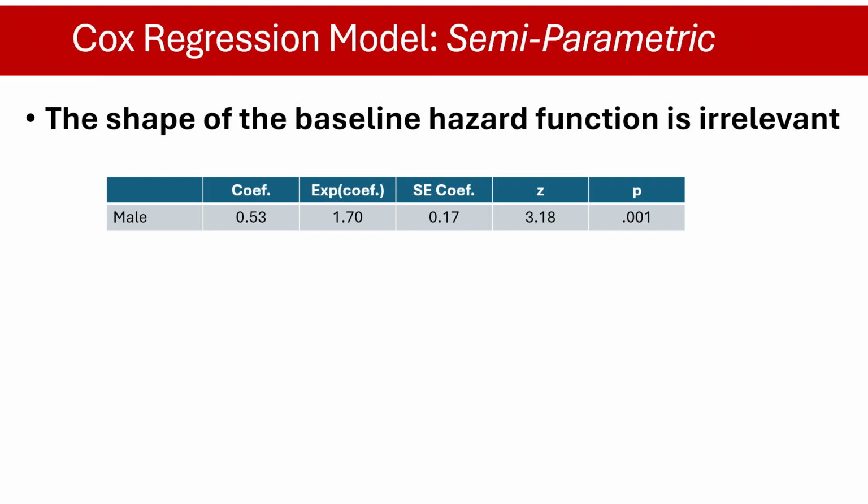So I will highlight here that the Cox regression model is semi-parametric. What it means is that the model makes fewer parametric assumptions on the phenomena of interest than fully parametric models. And in fact, a key characteristic of the Cox model, which I mentioned in the previous presentation, is that the model does not make assumptions on the baseline hazard function or the log hazard function.